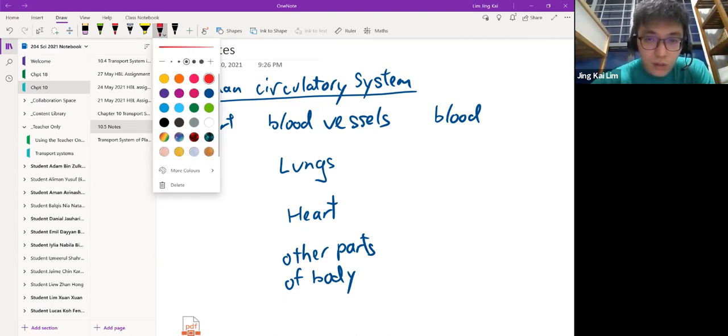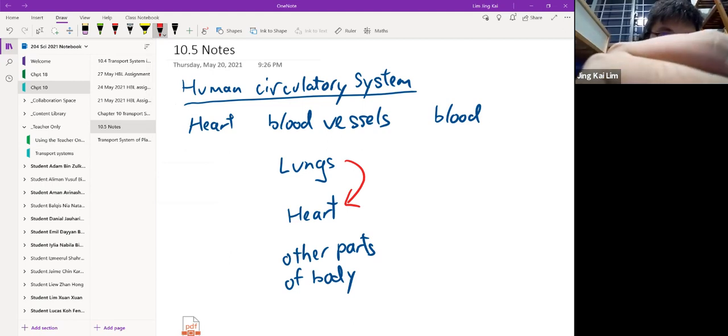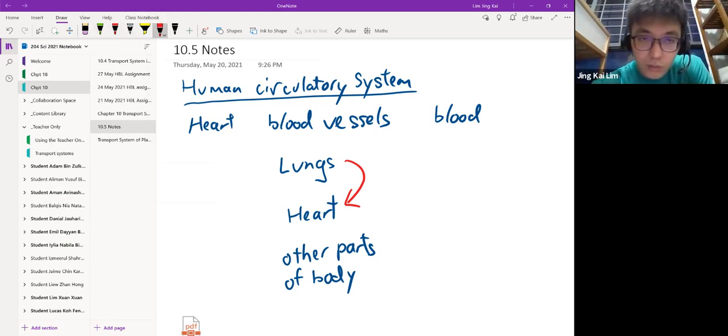So first of all, the lungs will supply oxygenated blood, which will come to the heart. I'm going to use a lot of color coding to help you remember.